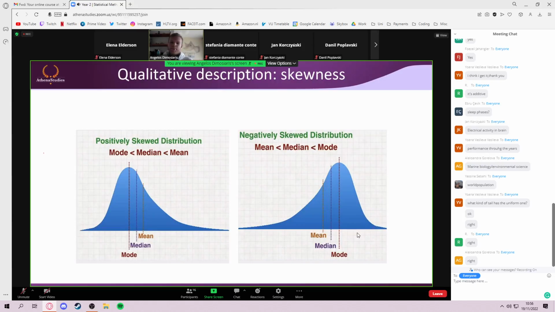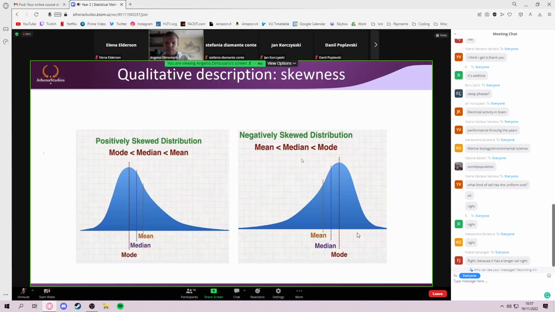Yes, it is right skewed. Why? Because the peak is on the left and the tail is on the right. So this is a right skewed distribution.